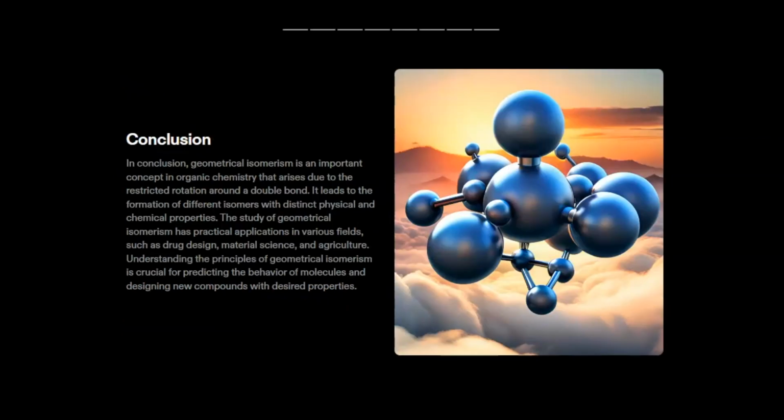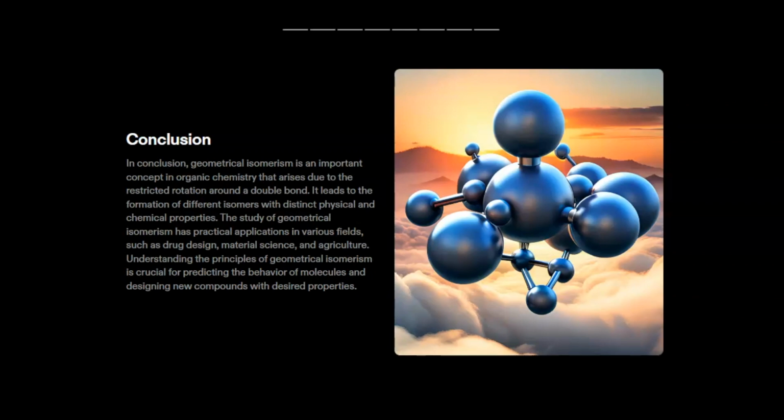Coming to the conclusion, geometrical isomerism is an important concept in organic chemistry that arises due to the restricted rotation around a double bond. It leads to the formation of different isomers with distinct physical and chemical properties.